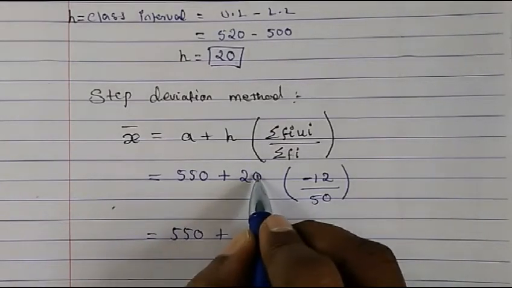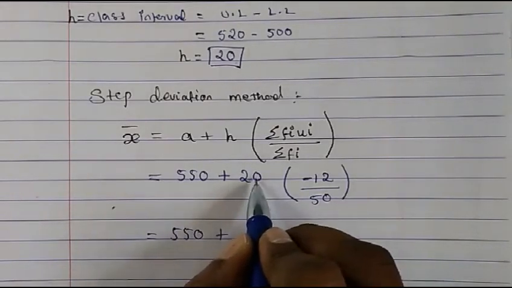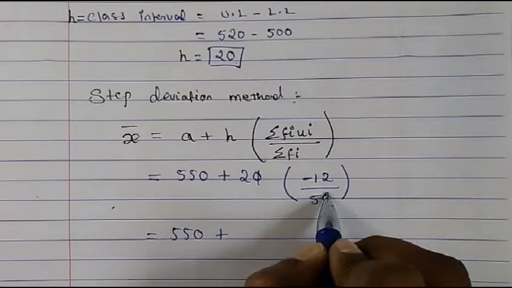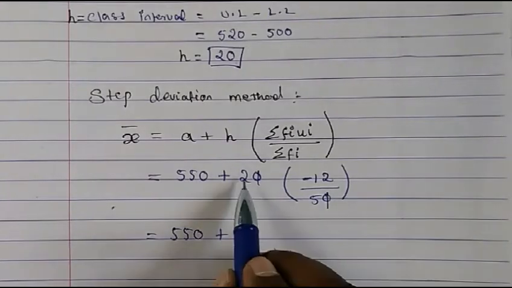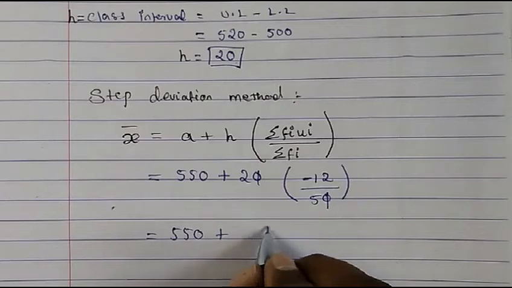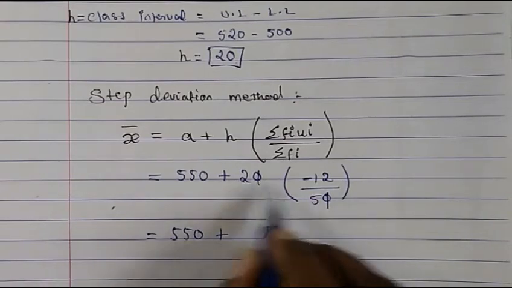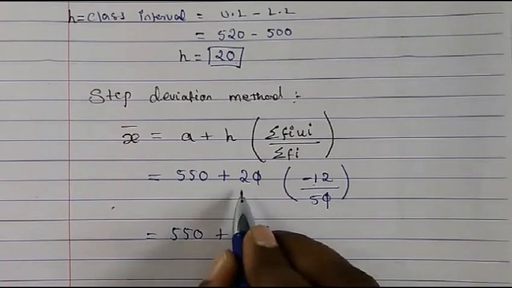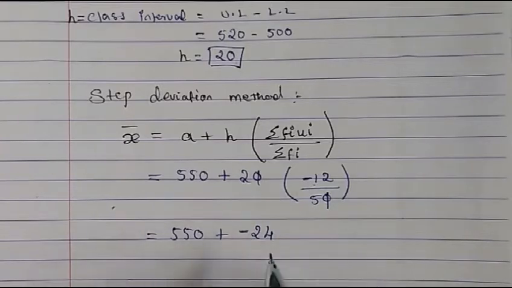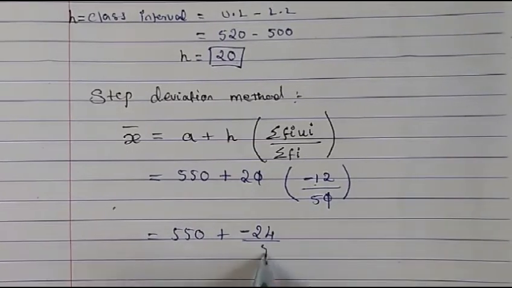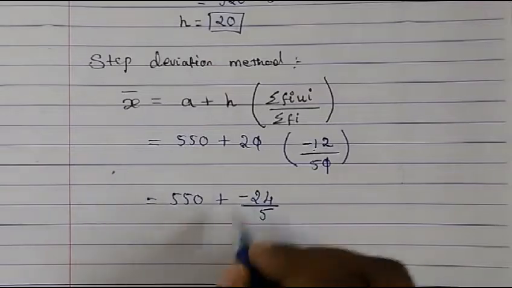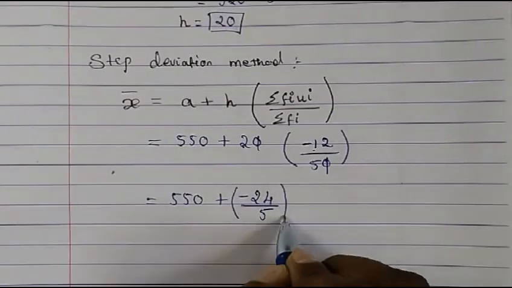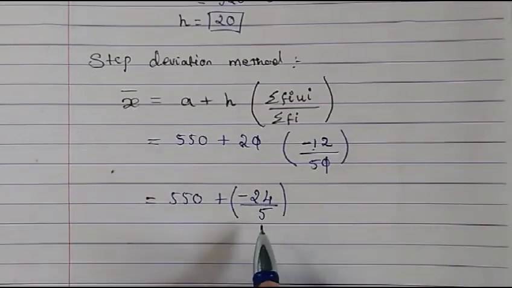So now 0 gets cancelled. So you have 2 2s are 4, 2 1 2s are 2, negative is here, 5. So if you are dividing, can we divide this?